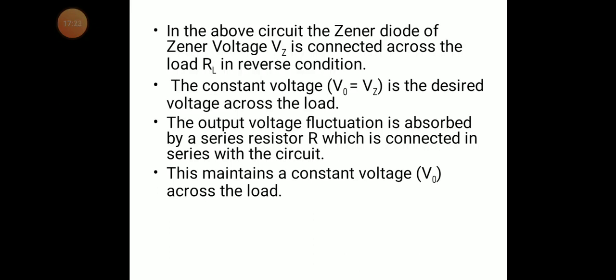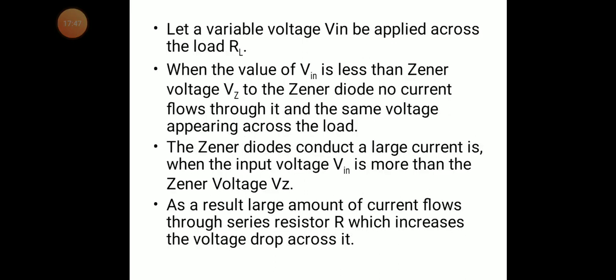The constant voltage is the desired voltage across the load, that is nothing but the Zener voltage VZ. The output voltage fluctuation is absorbed by the series resistor R. This maintains a constant voltage across the load.